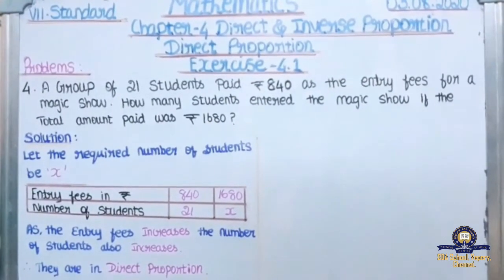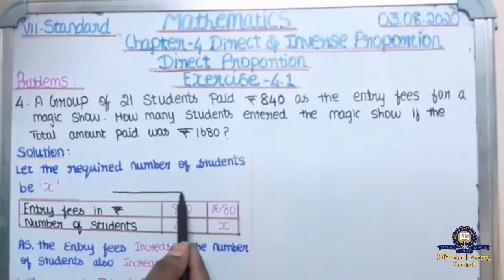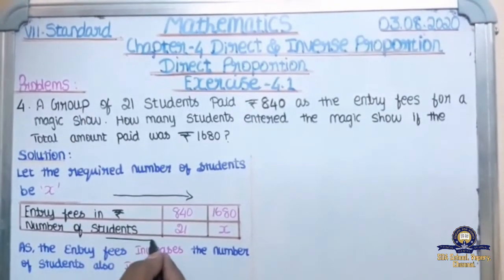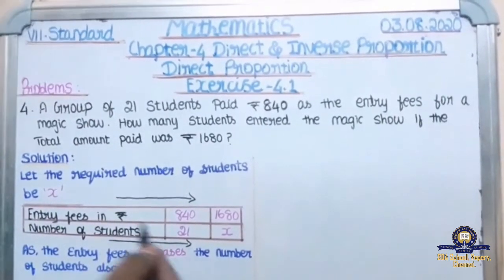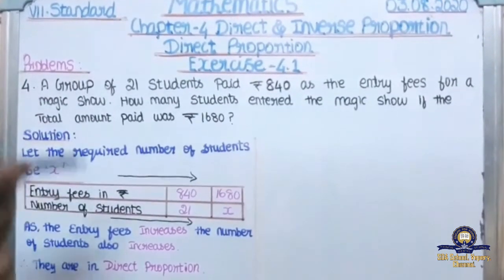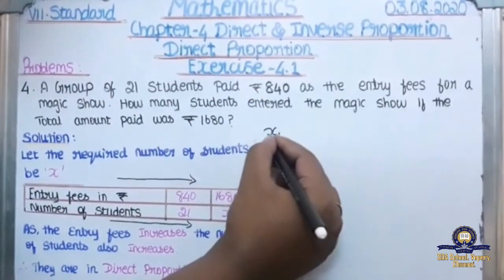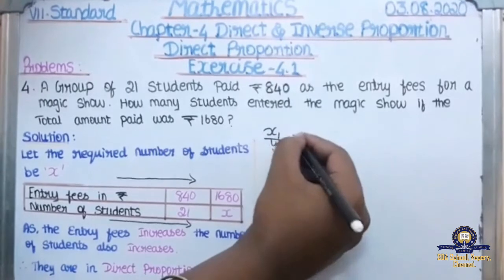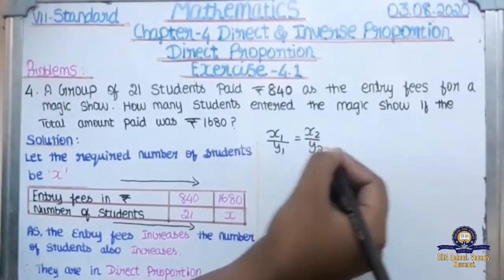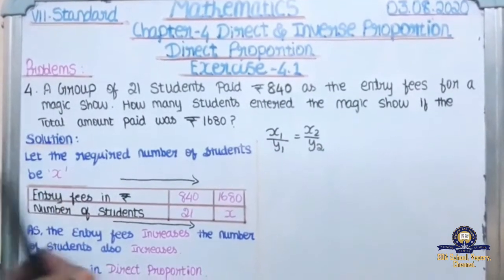Now from this table we can notice that as the entry fees increase, the students also increase. Therefore, the entry fees and students are in direct proportion. As per direct proportion, x1 by y1 is equal to x2 by y2. Here we take x as the entry fees and y as the number of students.